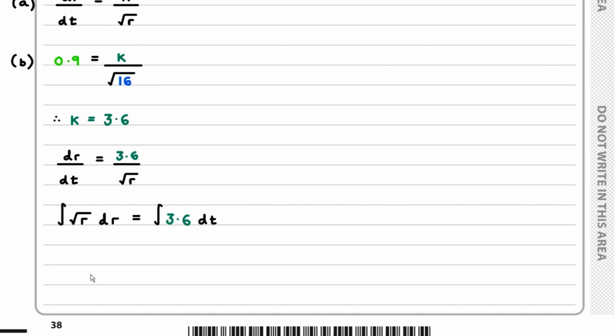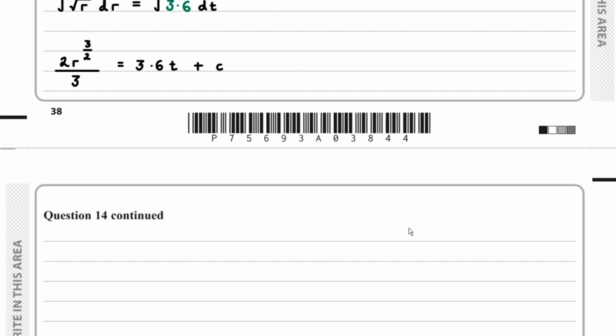Integrating r to the 1/2, we end up with 2r to the 3 over 2 over 3, and integrating 3.6 with respect to t, we end up with 3.6t, and we add on a constant of integration plus c. We know that when t equals 10, r equals 16, so we have 2 multiplied by 16 to the 3 over 2 over 3 equals 3.6 multiplied by 10 plus c.